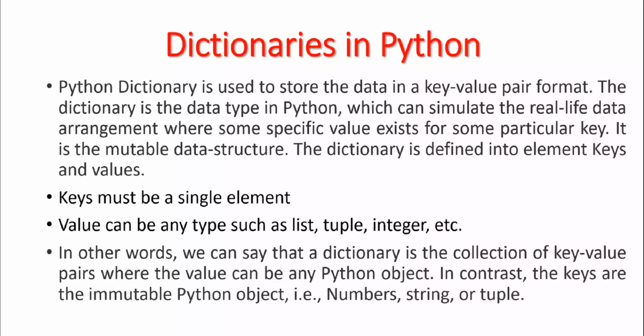When you observe a list, tuple, or set, everywhere we are storing a collection of elements where every individual element is a single entity. Suppose you see the list data type, a list can be represented like this: L is equal to 10, 20, 30, 40.